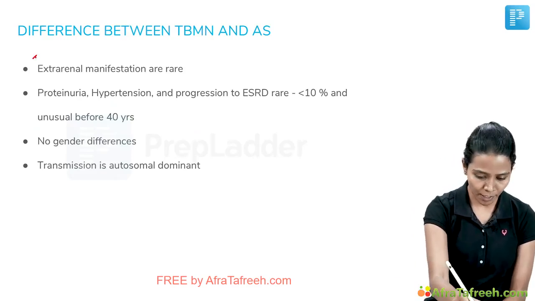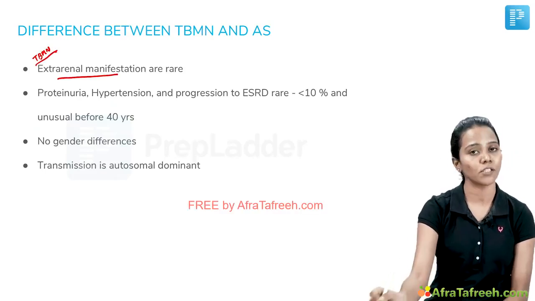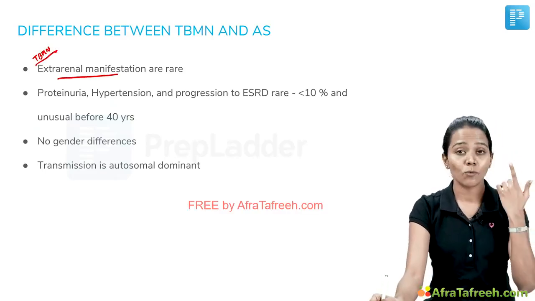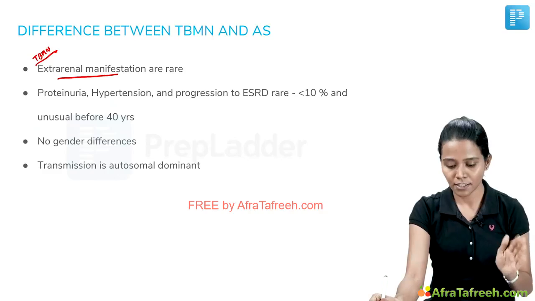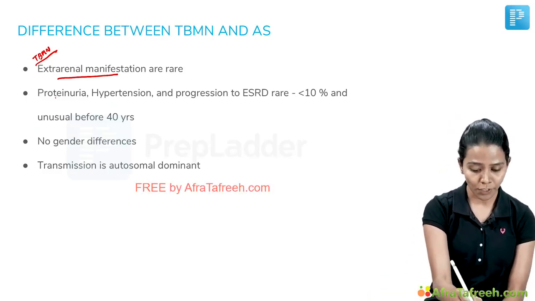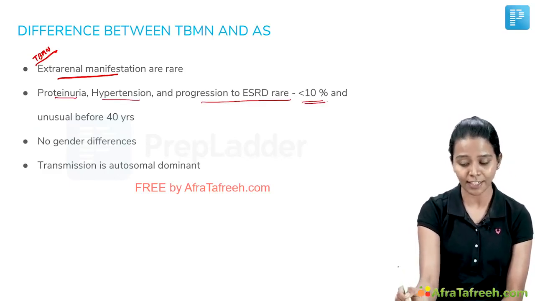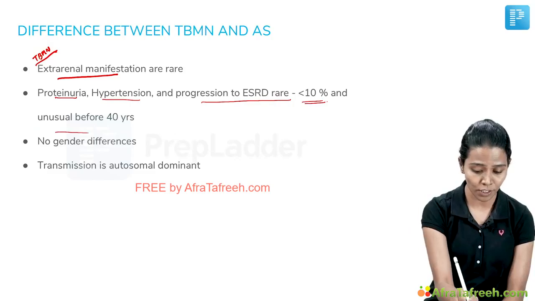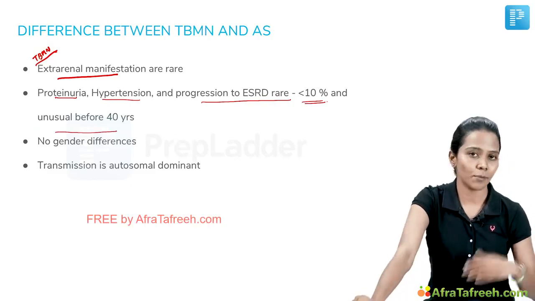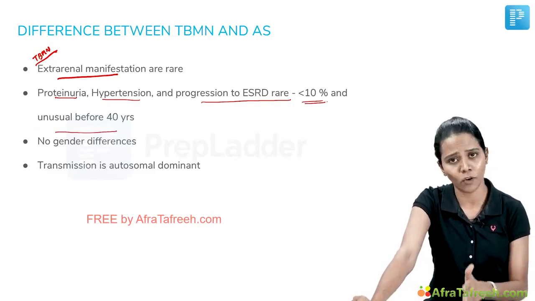In thin basement membrane nephropathy, extrarenal manifestations are rare, because in Alport syndrome there was deafness, there were eye defects, all these things are going to be rare. Okay, and proteinuria, hypertension and progression to ESRD is rare. It is less than 10% and it is unusual before the age of 40 years. See, in Alport syndrome we learned that 90% of them go into ESRD by 40 years.